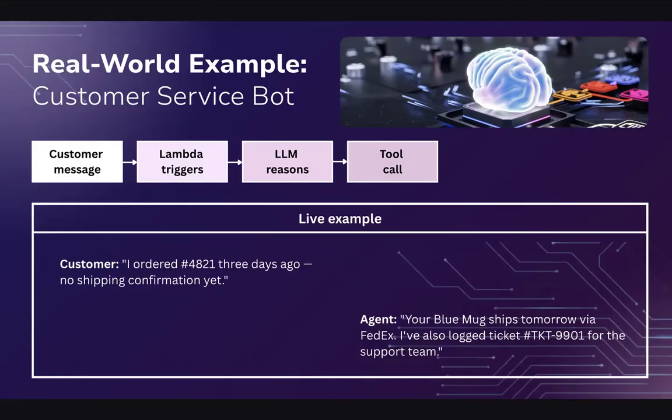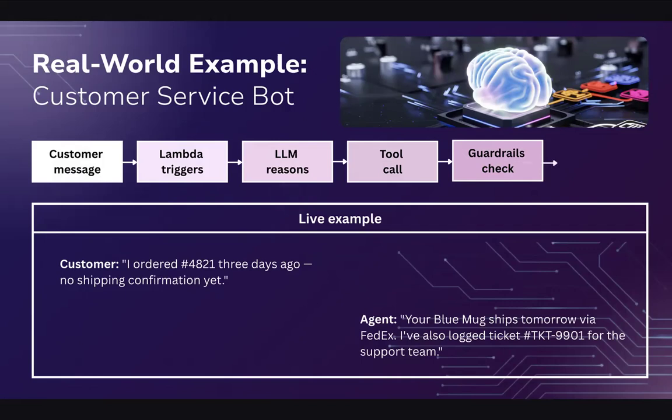Now the agent has the result. It reasons again: should it answer now or do something else first? It decides to also log a support ticket in the CRM, so the team is aware that the customer was worried. That is the second complete cycle of the agentic loop. In the next step, before sending any reply, the Bedrock Guardrails automatically scans the response.